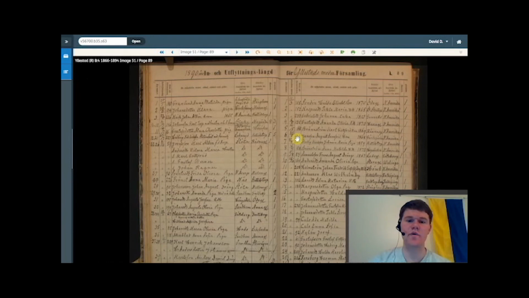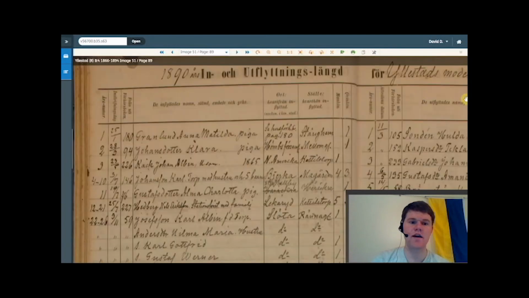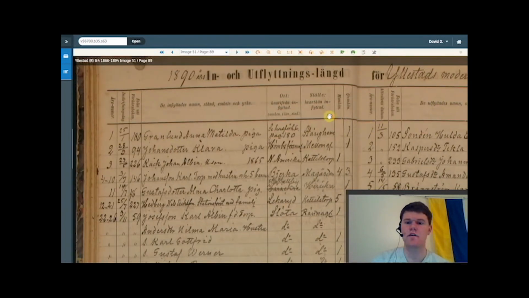Okay, so another way that they can be organized is like this. This one's probably one of the easiest ones, and hopefully all of yours are like that, because these are the best, where it's moving in on this side and moving out on this side. They're lined up, and it just goes down like that.